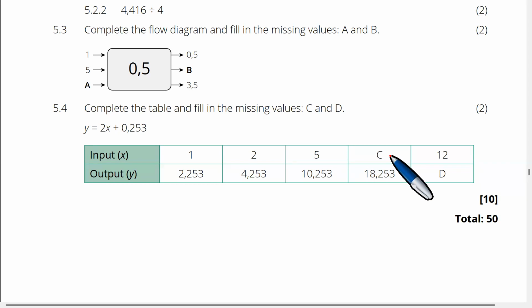What is the input and what is the output?